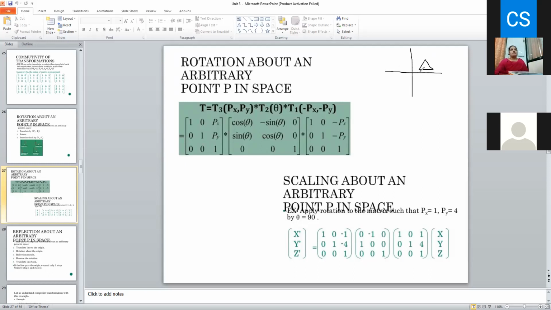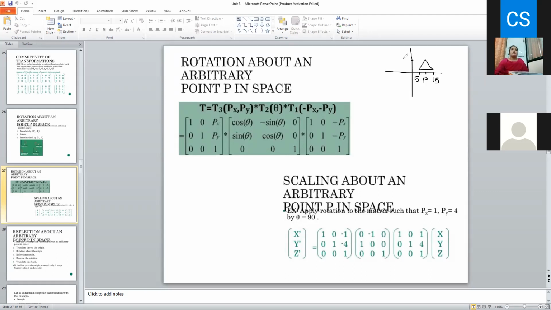This is a triangle. Let us say this is 5. This is 10. This is 15.